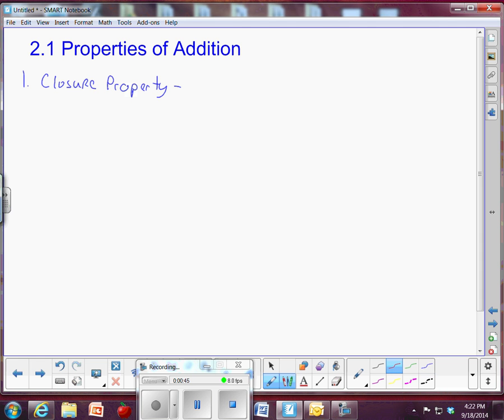Basically, it says this, and I'm going to write this in red: all solutions, and I'll finish in blue, are part of the same set. All solutions are part of the same set.